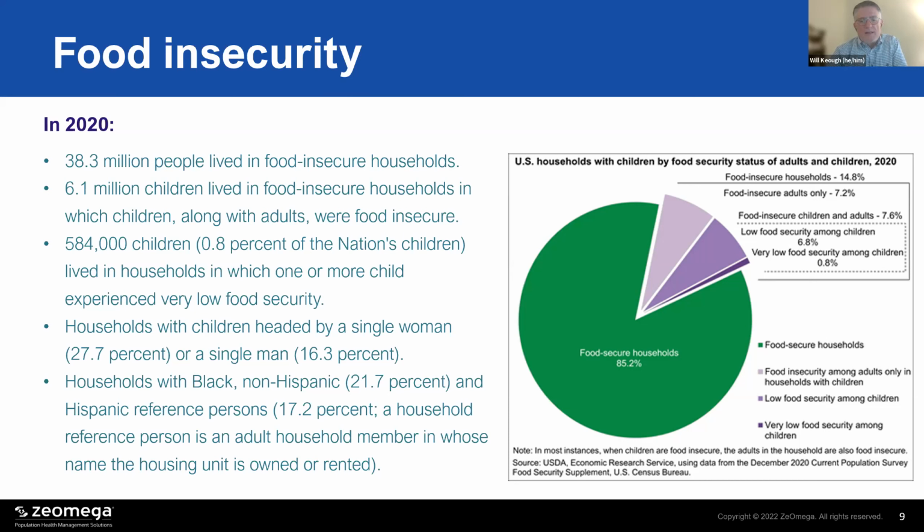What's also not surprising, and keeps getting demonstrated in every social determinant and just about everything in our society these days, is that there are racial and ethnic disparities, and that the issues for non-whites, so Black households, Hispanic households, single family households, especially those led by a female head of household, all have higher rates than the national average.